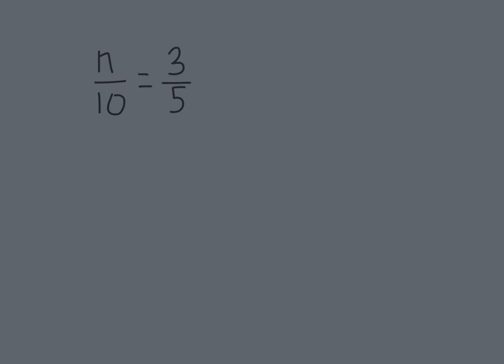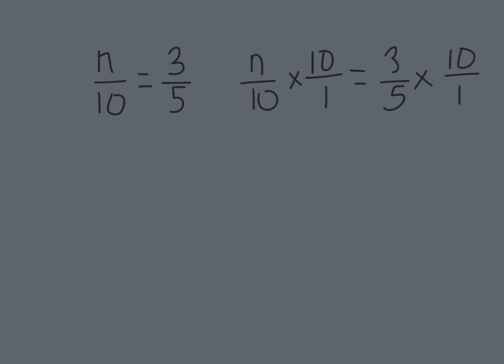Here we have n over 10 equals 3/5. I want you to try to figure this one out using the multiplying by the reciprocal, and see what answer you come up with, and then come back and check against my work. So if I multiply by the reciprocal, I have n over 10 times 10 over 1 is equal to 3/5 times 10 over 1.